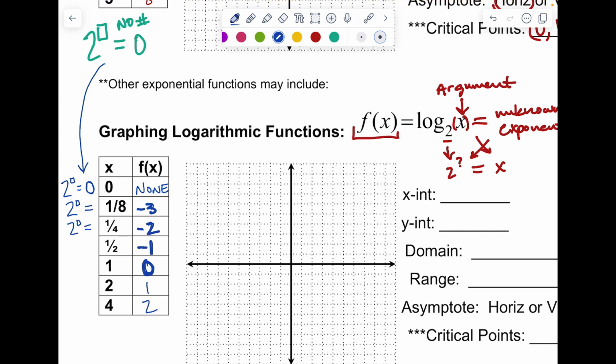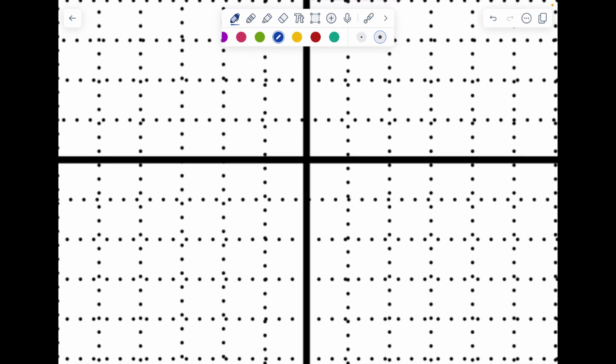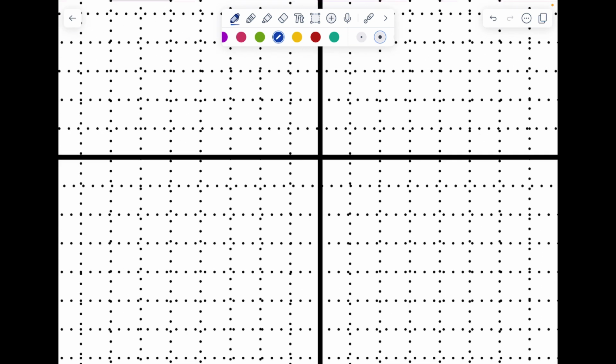Bolden these up a little bit. All right, so now let's actually graph this and see what we've got. We said there was no exponent that could give us a 0 output, but when we put in 1/8, which I gotta zoom in super close here, if you count this, it's 1, 2, 3, 4 dots between 0 and 1.